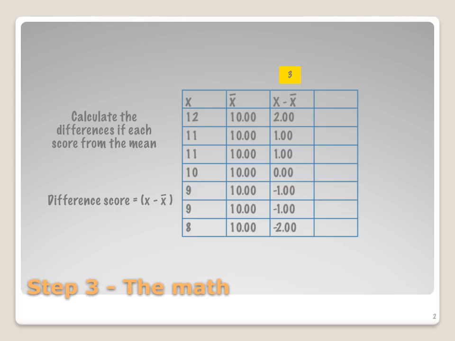So these deviation scores seem to be a good measure of how much the scores deviate from the mean. But what are they really telling us? How would we try to tell people what the overall difference is? And that's because if you notice, the deviation scores, some are positive and some are negative.